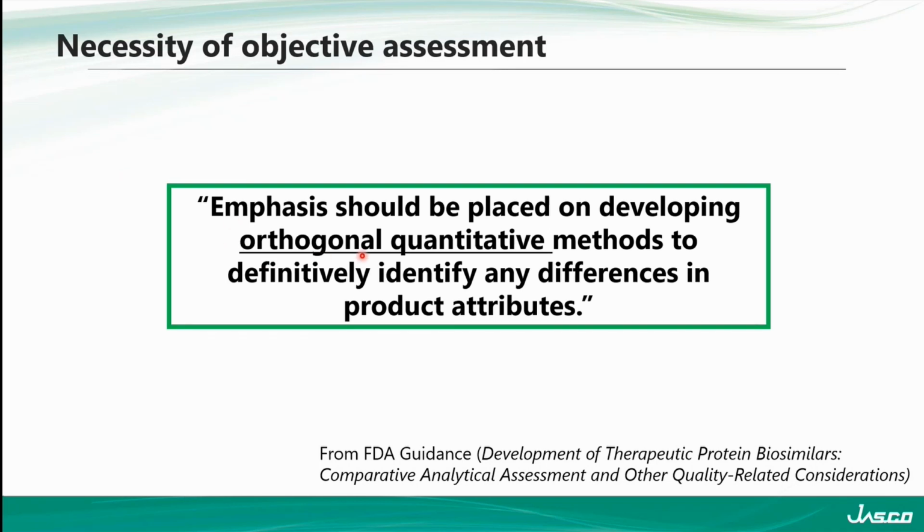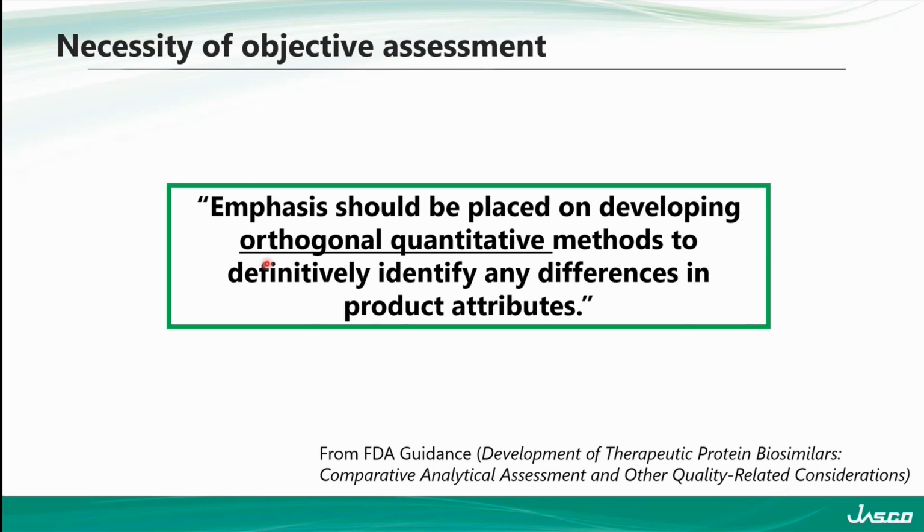And I want to put particular emphasis on orthogonal and then quantitative. So basically what they're stating here is that, sure, you can show that a spectrum is maybe visually different, but there needs to be some quantitative measure that's easily reportable and easily verifiable by whatever body is overseeing this area. So in particular here, we're talking about medicine.